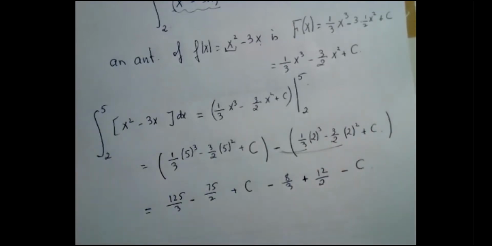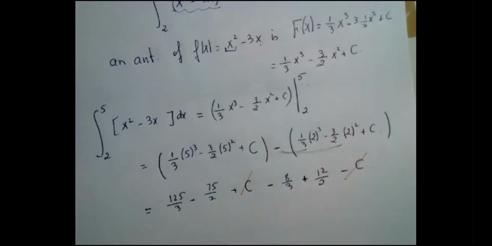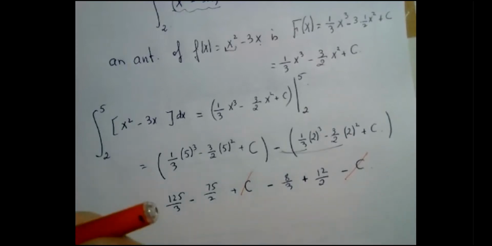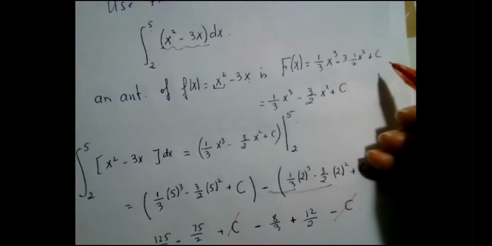The c and the c cancel out. Remember, a definite integral is a number, so we're not allowed to have c in the answer. It's actually the net area. So when we compute a definite integral, we have to find the antiderivative.